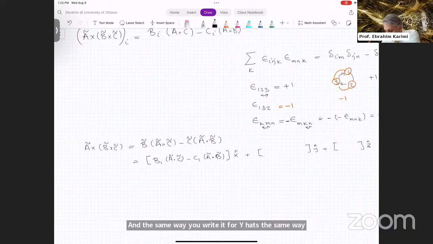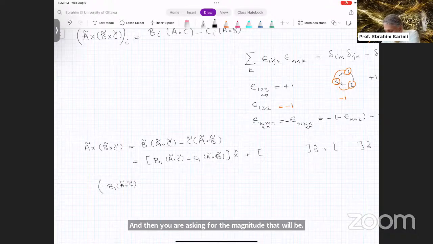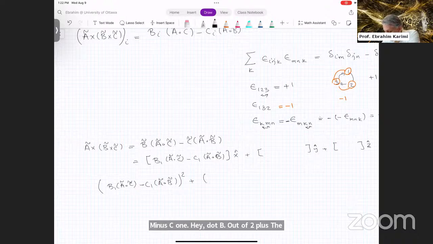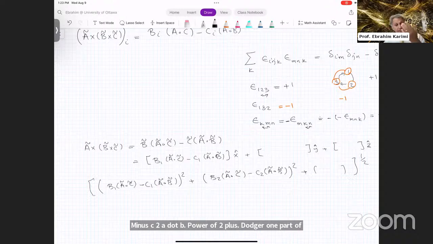And then you are asking for the magnitude that will be (B1 A·C)² minus (C1 A·B)², plus the same that you will have for the rest, which will be (B2 A·C minus C2 A·B)², plus the other one, all to the power of 1/2. That's the magnitude. Okay.